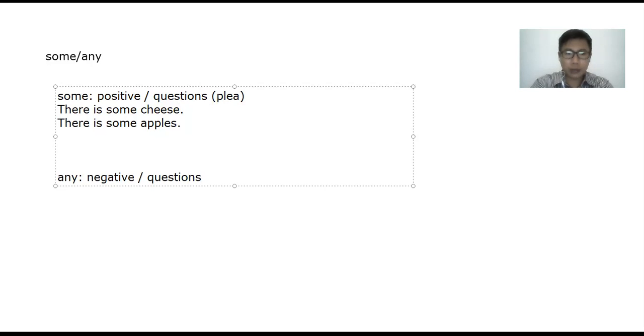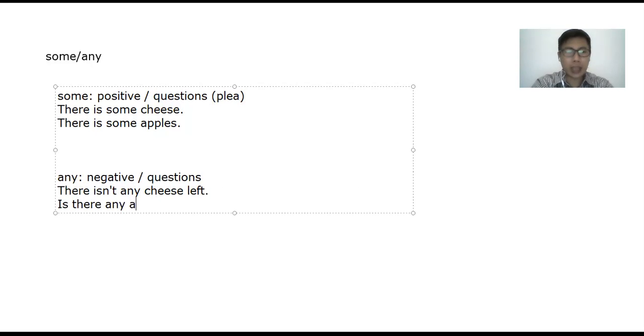Okay, now let's move on to any. There is not, or there isn't any cheese left. Or, is there any apples in the fridge? This is how you use any.